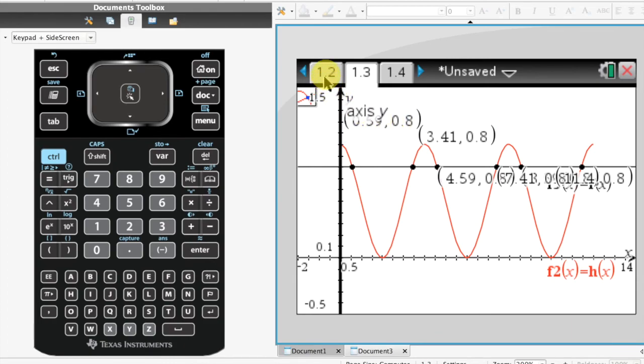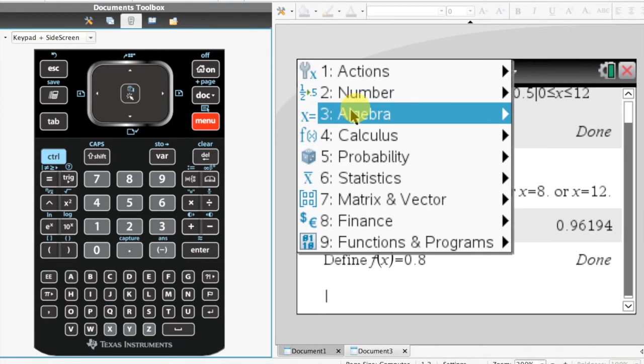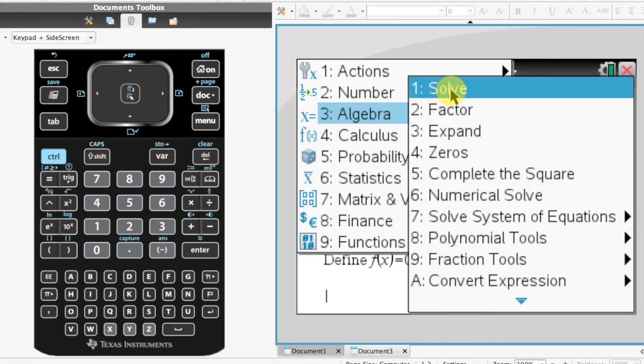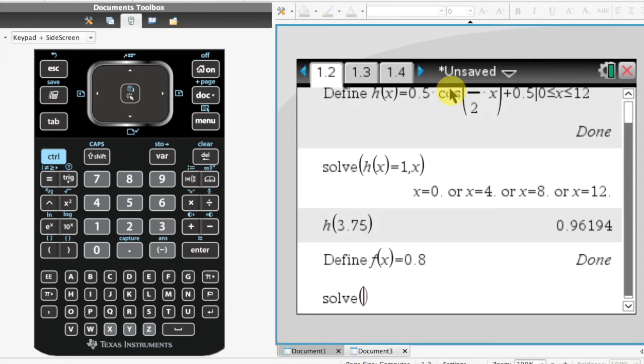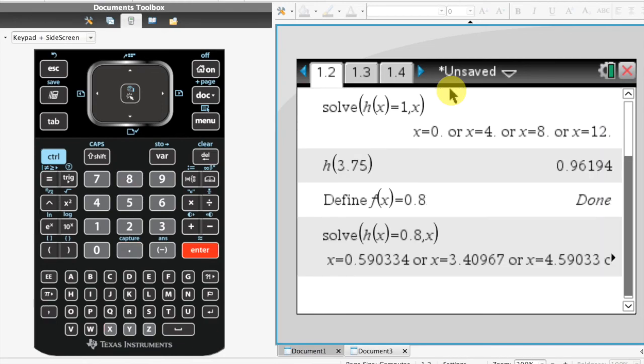But what I can also do is solve and work out the values. So I can go menu, algebra, solve, and I simply want where h of x is equal to 0.8, and I'm solving for x. And here are the values given.